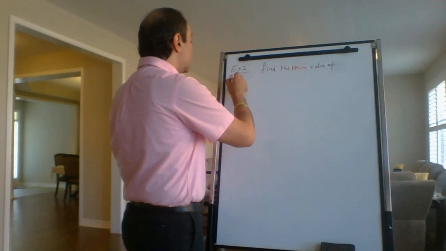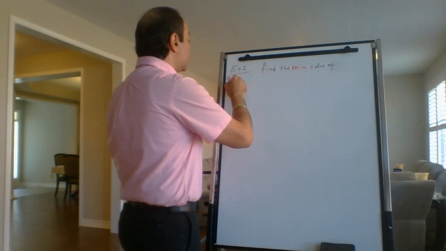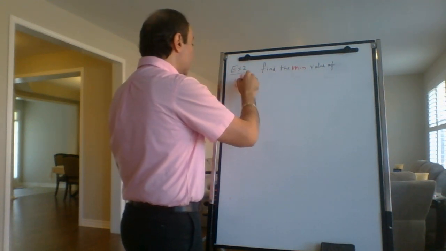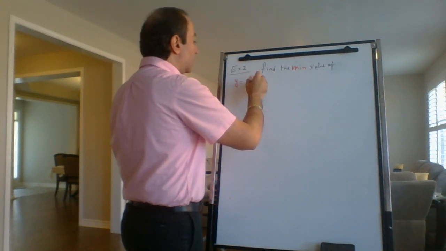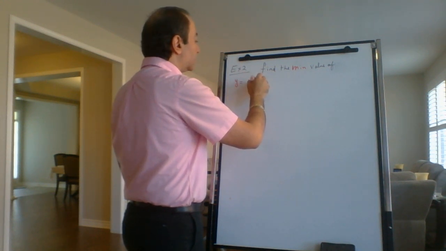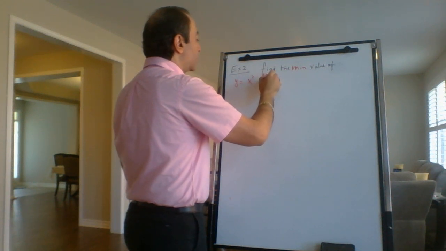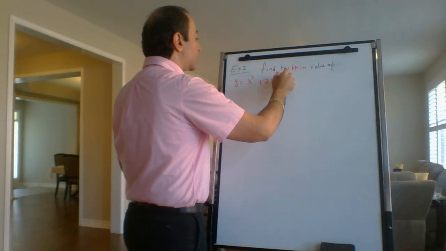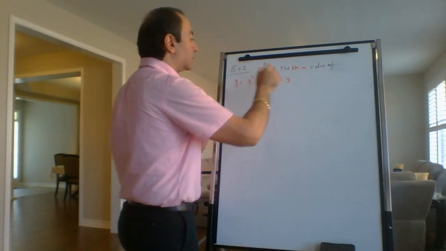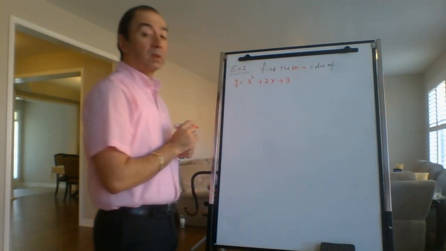So let's say y equals x squared plus 2x plus 3. Okay?